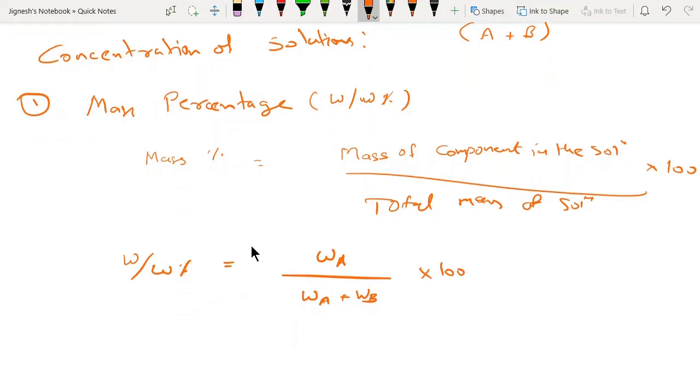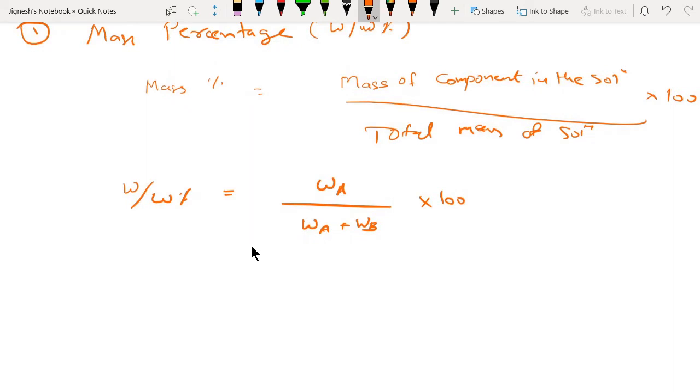Now let us understand with the help of an example. If somebody says it's a 10% NaOH solution W by W, or by mass, then what do we understand by this?